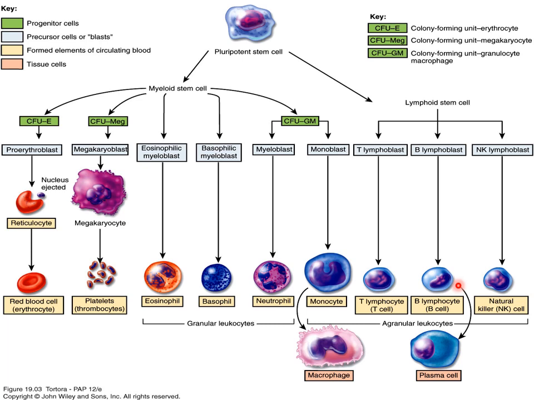Remember that the B lymphocyte can differentiate into a plasma cell, and it's the plasma cell that will respond to the presence of a virus to create antibodies. And notice also that we have the monocyte. Remember that the monocyte can enter into tissues to become the macrophage, the big eater, the big phagocyte.